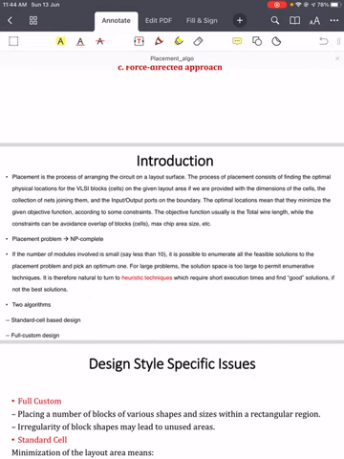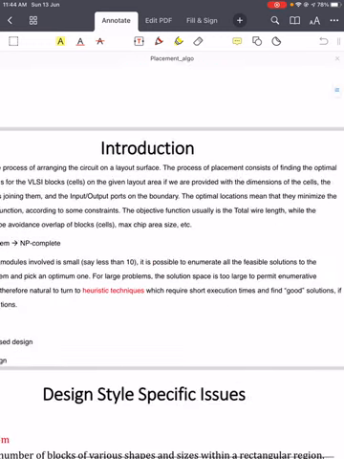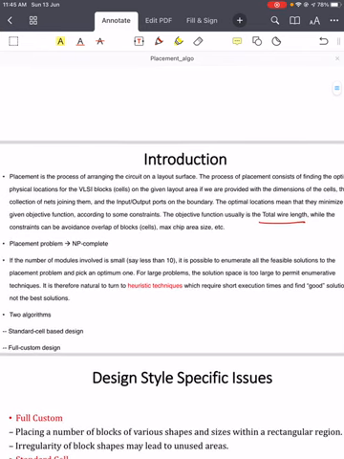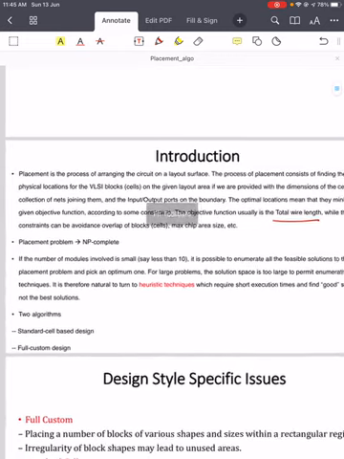The optimum locations are those that minimize the given objective function according to some constraints. The objective function usually is the total wirelength, while the constraints can be avoidance of overlap of blocks or cells and maximum chip area size, etc.